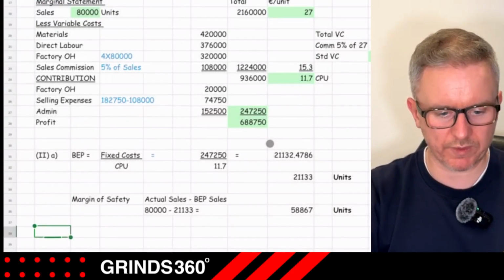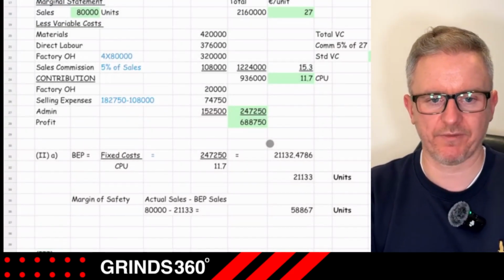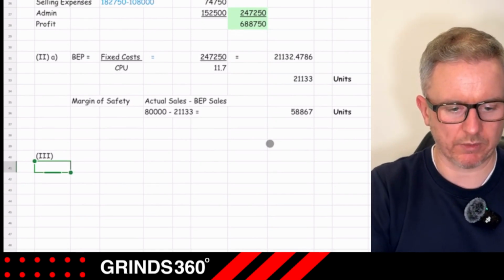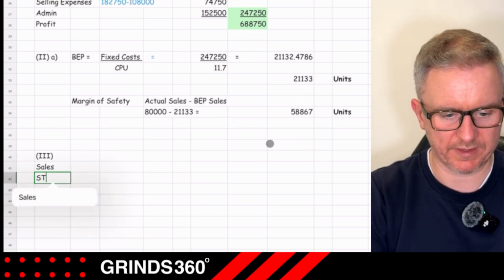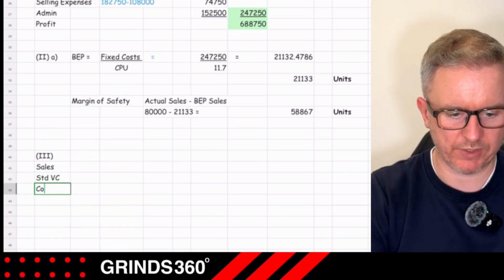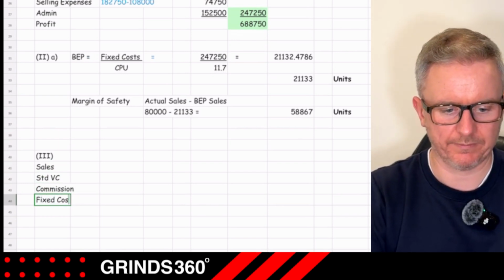We are always going to follow the exact same format when we do these break-even questions. We write down our sales figure, standard variable cost, commission, and then fixed costs.